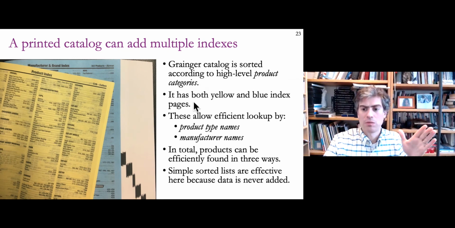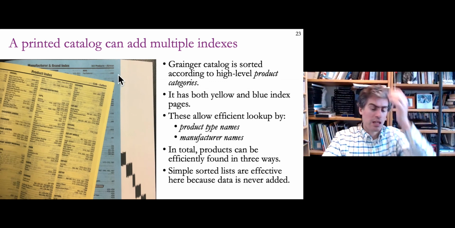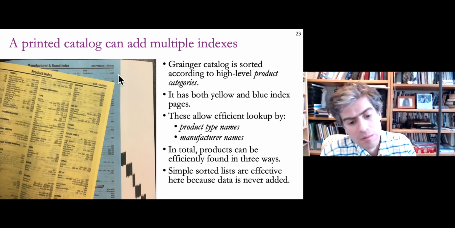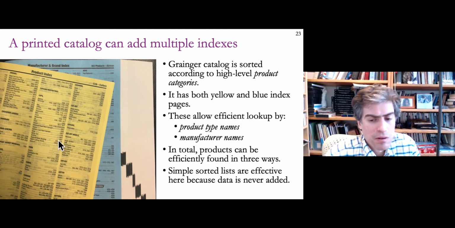The pages are sorted by high-level product category, but then there are these additional indexes at the front of the book that give you references to find products in a different manner.